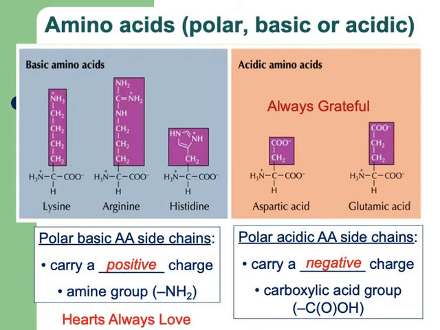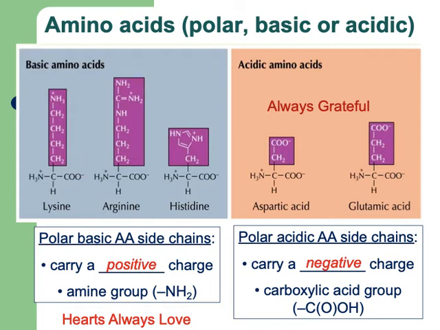So now we're carrying on from the previous slide where we identified the amino acids that are polar. The amino acids on this slide are also polar. That means that the side chain has a positive and negative charge. But we're also defining which ones are basic and acidic. So on the left-hand side here, we see the basic amino acids.